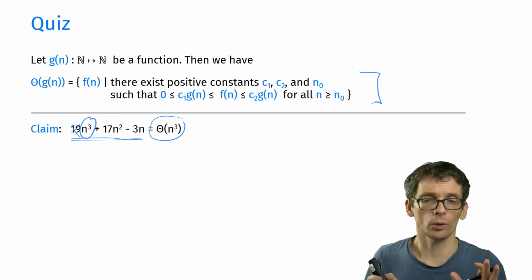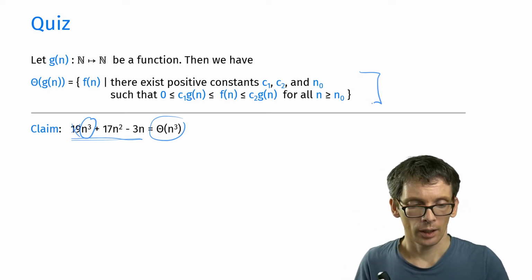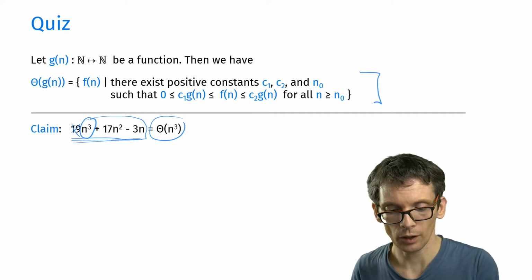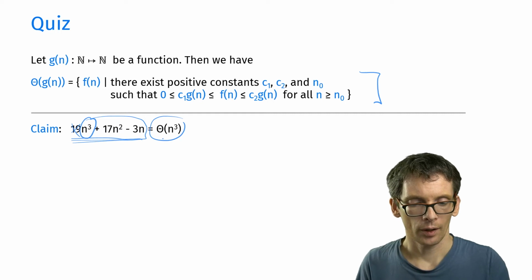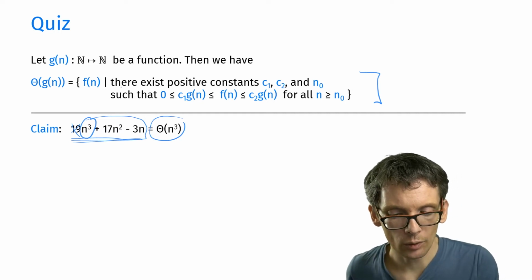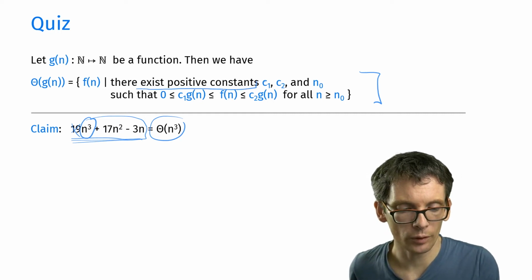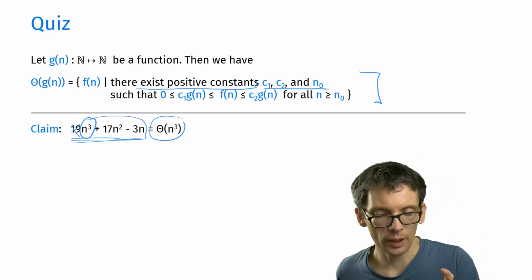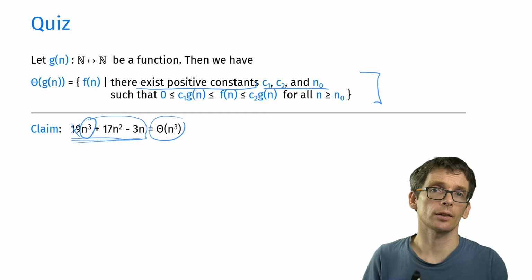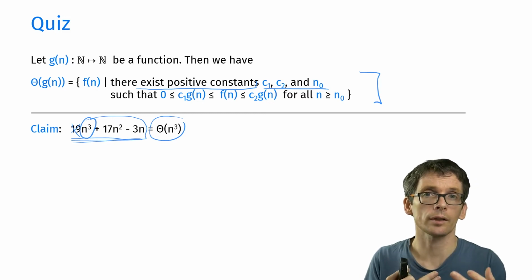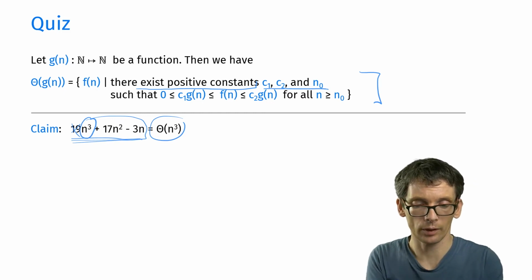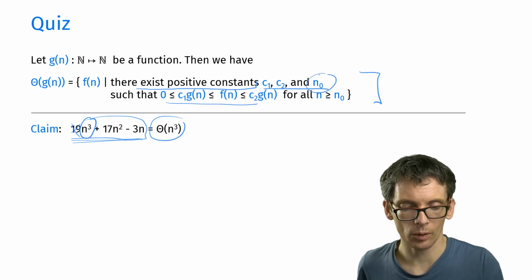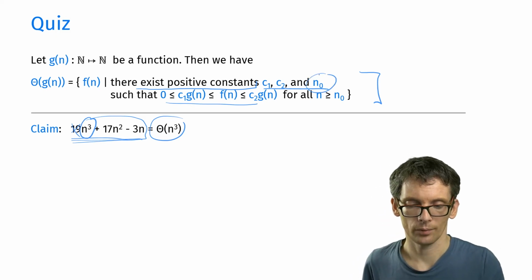So as a small quiz, let's assume I want to prove that this function is in theta of n cubed. For that, it says there exist positive constants, which means that to prove this, it's enough to show that these constants exist and that with those constants, this formula works out. Let's assume I'm picking n0 is 1.